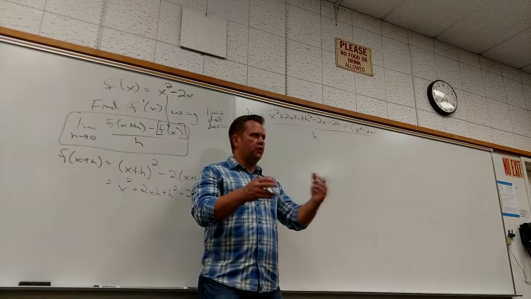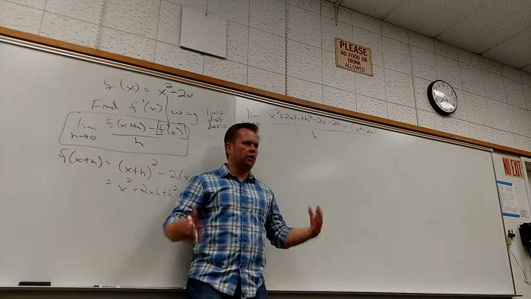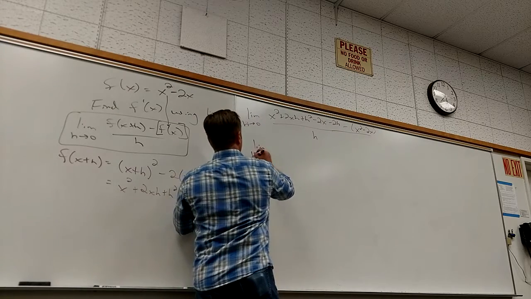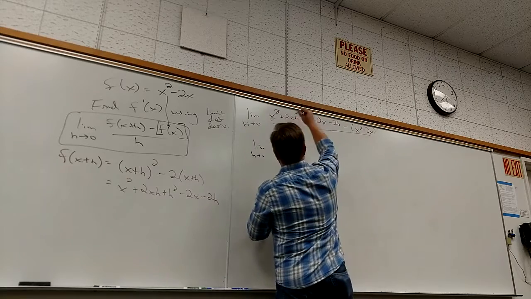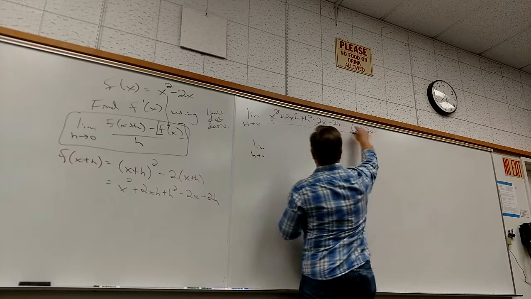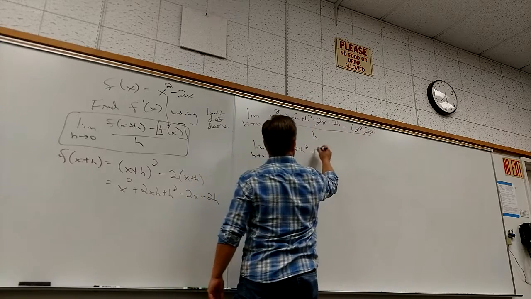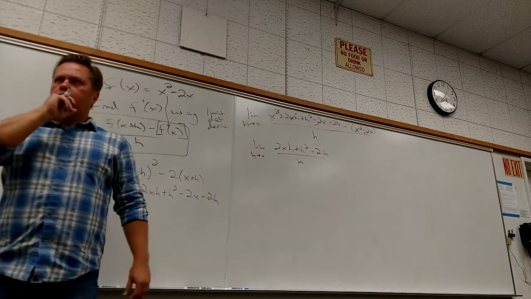If one works a certain way, they all basically work that same way. So here the x squares cancel, the 2x's cancel, right? Minus the negatives, plus. And so I'm left with 2xh plus h squared minus 2h, all over h. And then what happens?